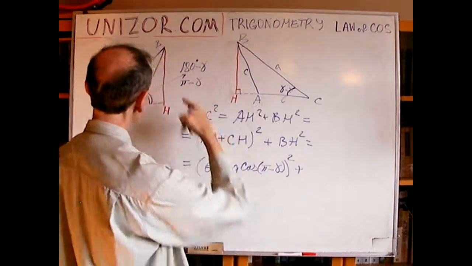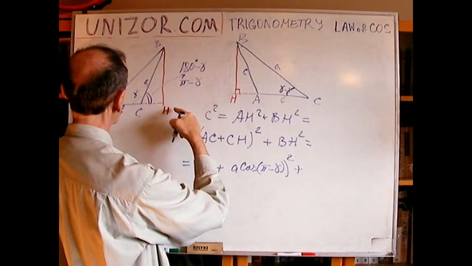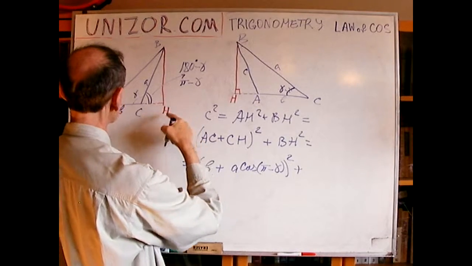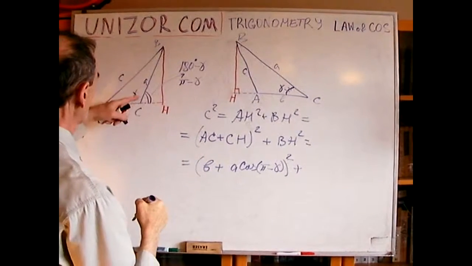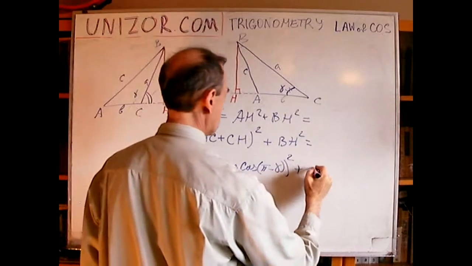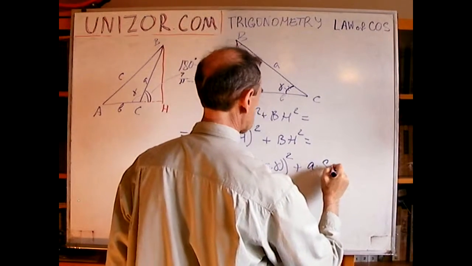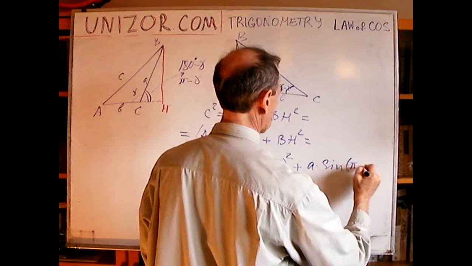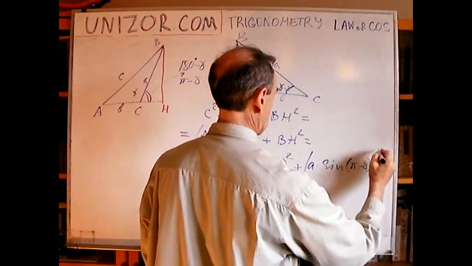Now BH is still A times sine of pi minus gamma, squared.